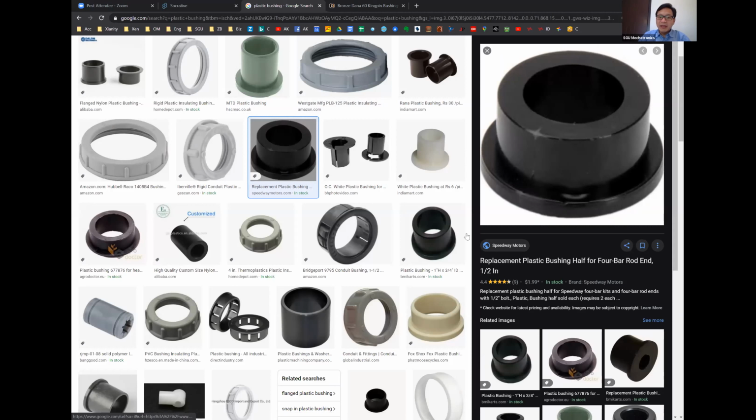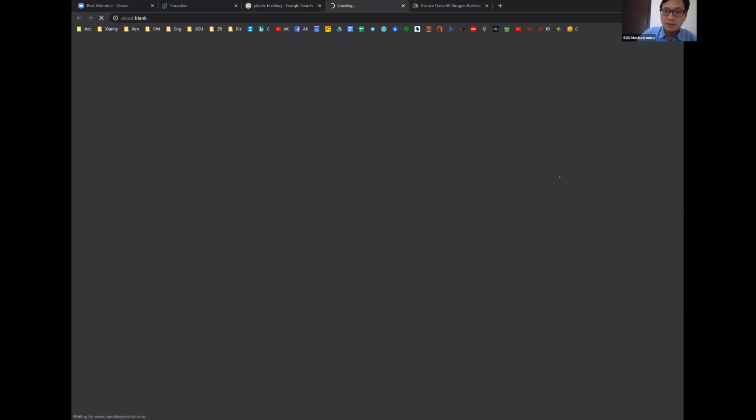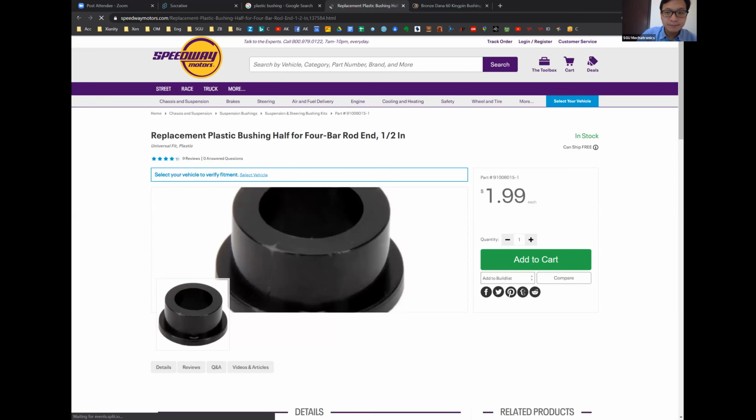By the way, bibirnya ini mau saya kelihatan nggak ya? Okay, let me see if I can annotate this. Nope. What did I do? I think I clicked it.